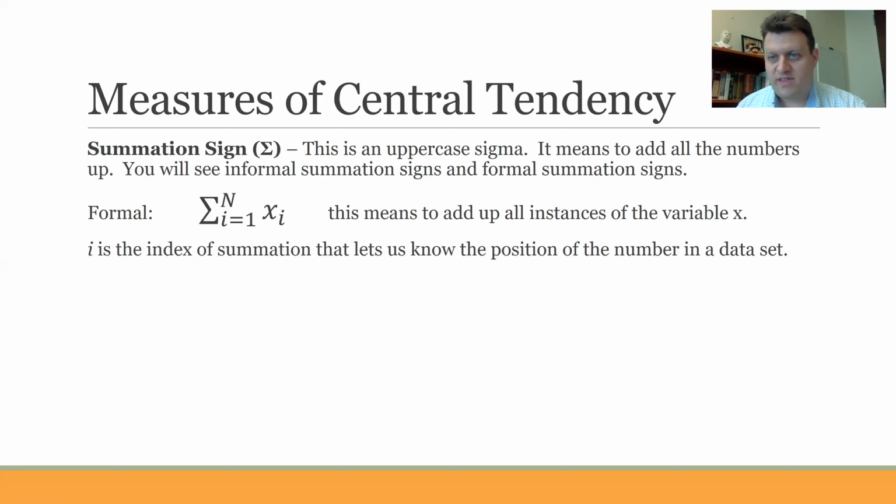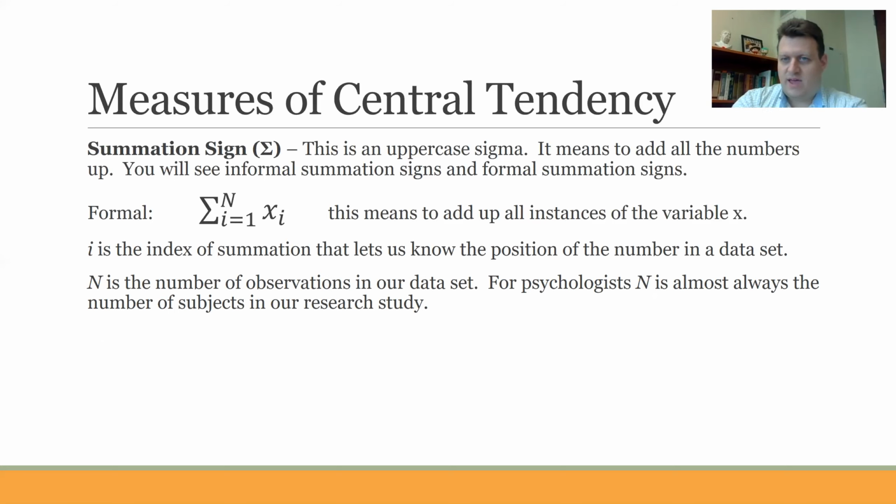Okay, so let's say that we are calculating an average and our numbers are 5, 6, and 11. 5 is the first number, so the index of summation for that would be 1. Okay, 6 is the second number, so 2. And then the third number is 11, so it has an index of summation of 3. It's just kind of a running tally of which number in our data set it is. Okay, that's what I means here.